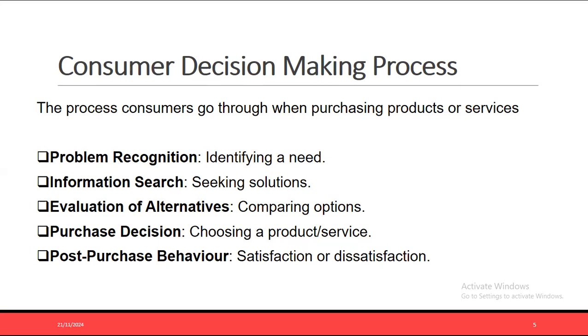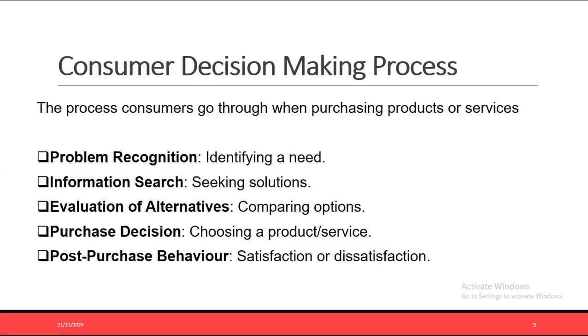Of course, no one walks to the market and picks the first product they see. They would go through alternatives and check which of the alternatives will best suit their need or will best solve their problem. So they go out there and compare options. That is the evaluation of alternatives.